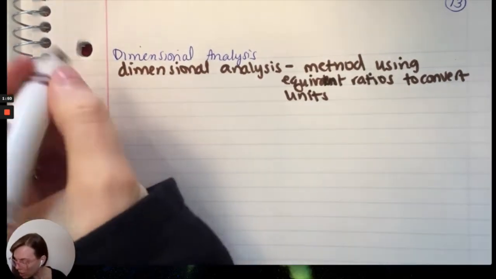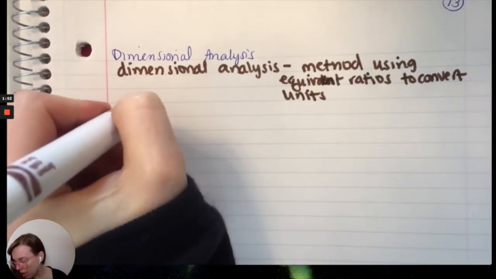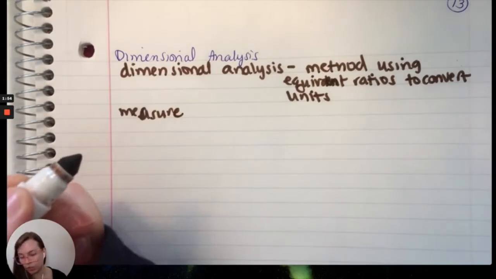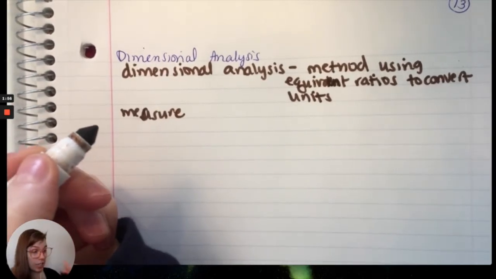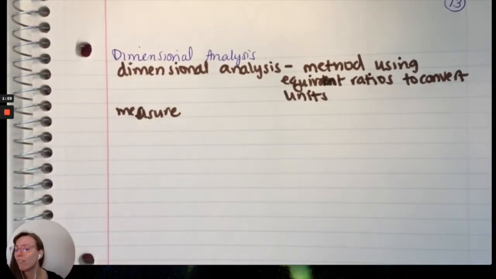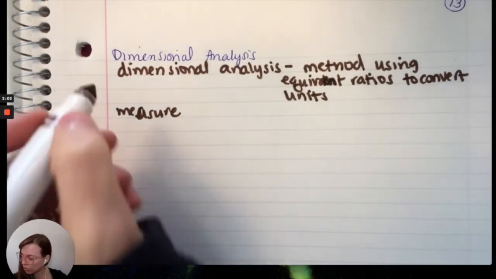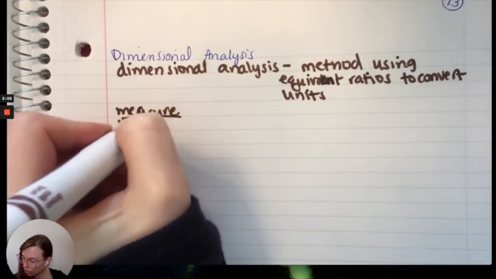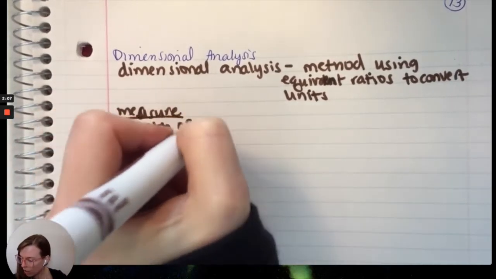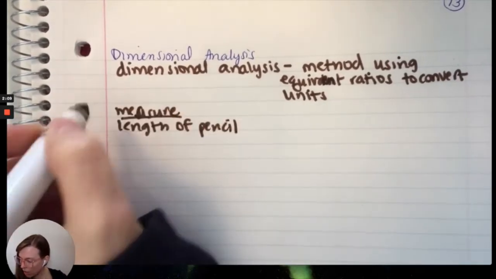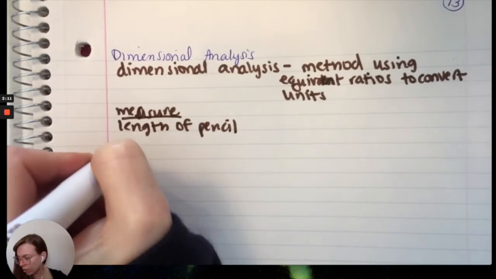So example is we are going to measure some things. So if you have a ruler around you in centimeters and inches, be preferable if you have those items. So length of pencil, we're going to do those first. And we're also going to have volume of a bottle.